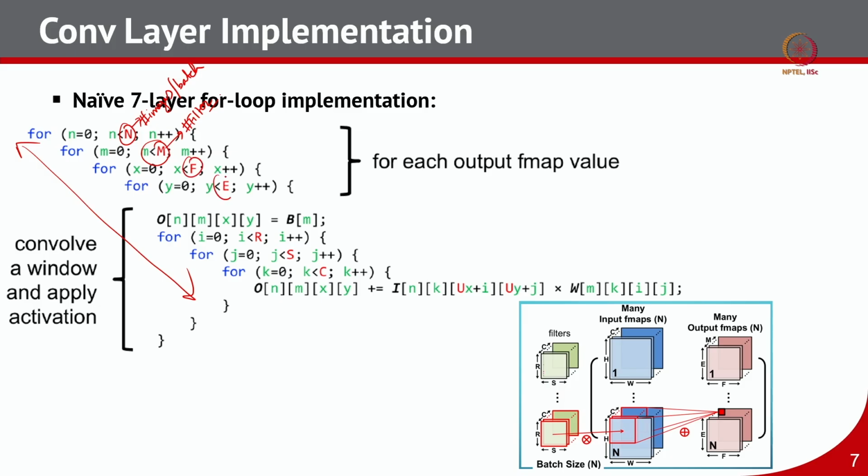Then we have E and F, the dimensions of one output feature map, then R by S, the dimensions of the filters, and then C, the number of channels in the input feature map. You have to loop across all these dimensions, and only then will you obtain the convolutional output.